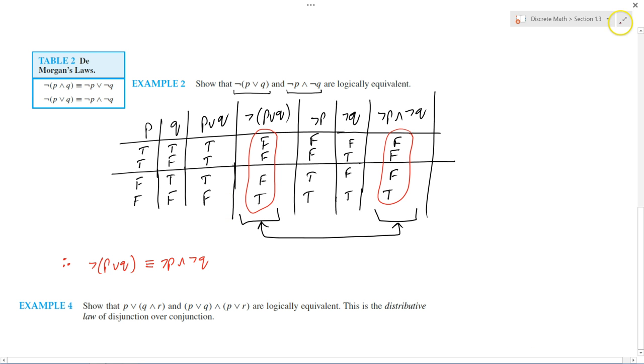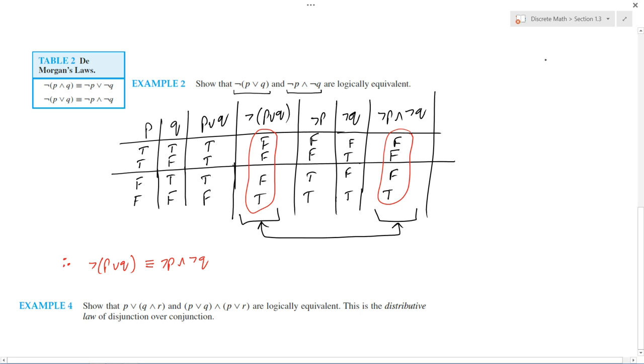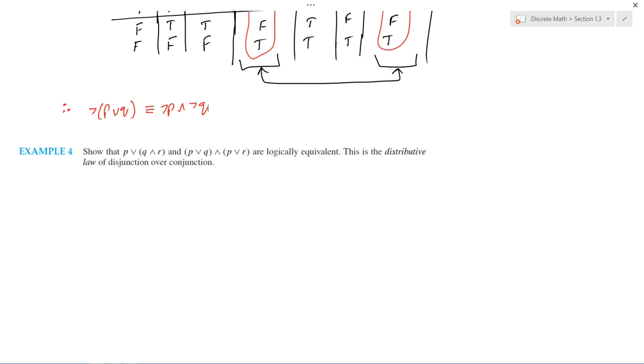Now, moving forward, we can apply the same thing to logical statements that have more than two logical variables. So here's example 4. It says, show that P or (Q and R) and (P or Q) and (P or R) are logically equivalent.